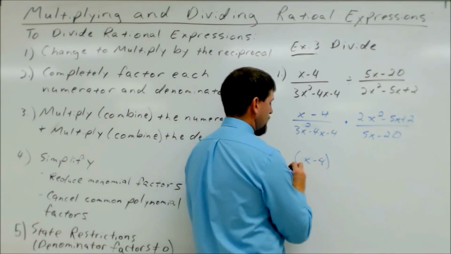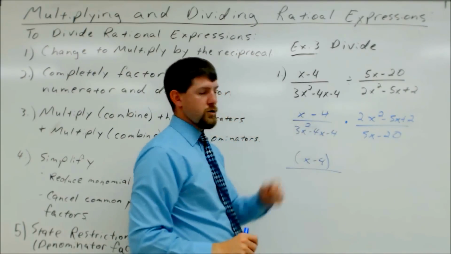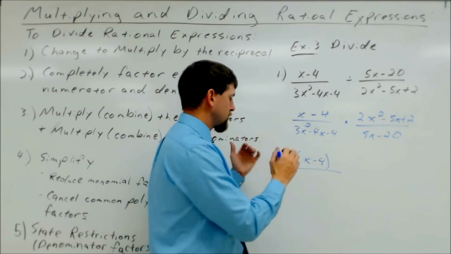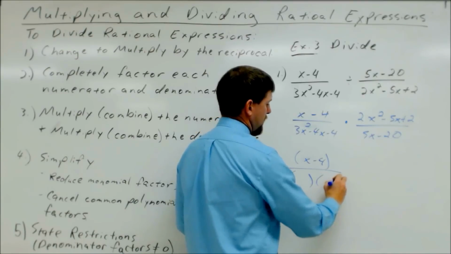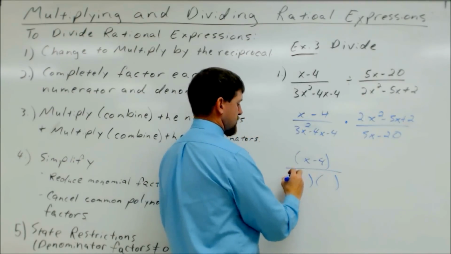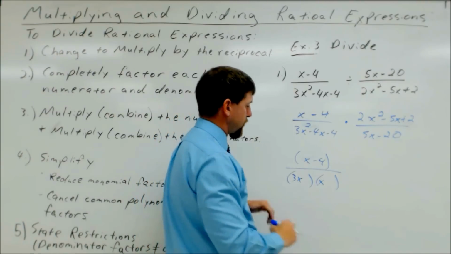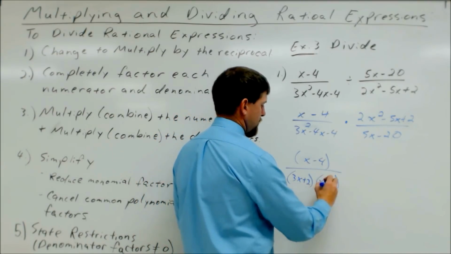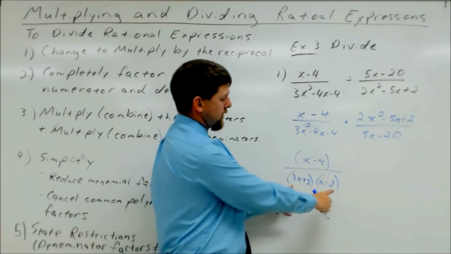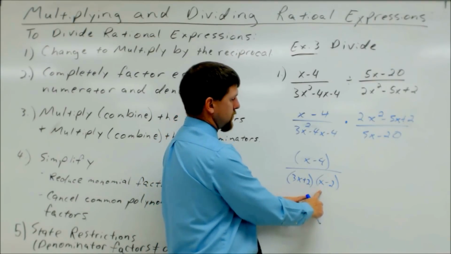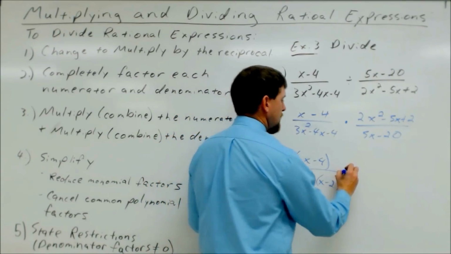So x minus 4. In this denominator, I have a quadratic trinomial with no common factors, so we know that should give us a pair of linear binomials. 3x squared is 3x and x. Negative 4 is probably going to be plus 2 and minus 2. Check it. Negative 6x plus 2x gives us the negative 4x we need.